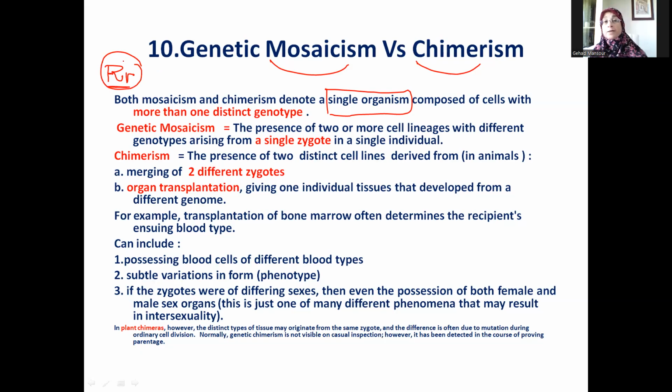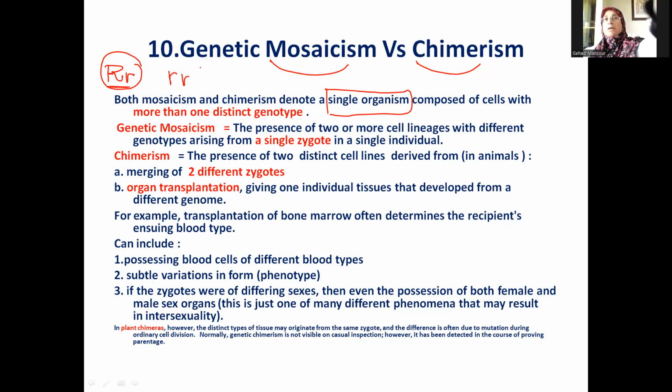But if you find that in some patches, or some areas of the stem of the plant, for example, we have the genotype R capital, R small, and in others we have the genotype R small, R small.